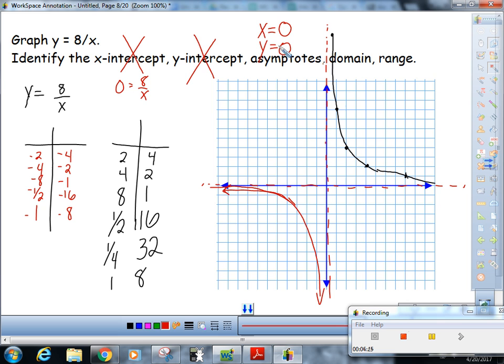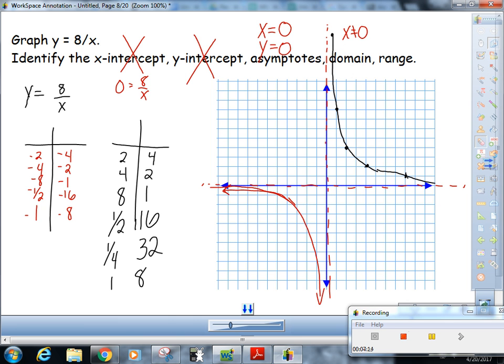Our domain, what are we allowed to put in for x? Almost everything. That's right. So x cannot equal 0, okay? Just write it like that.